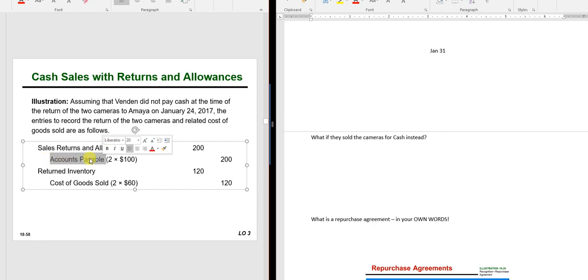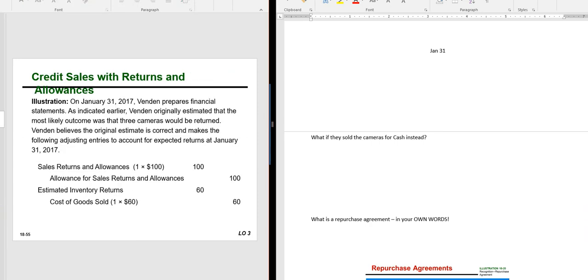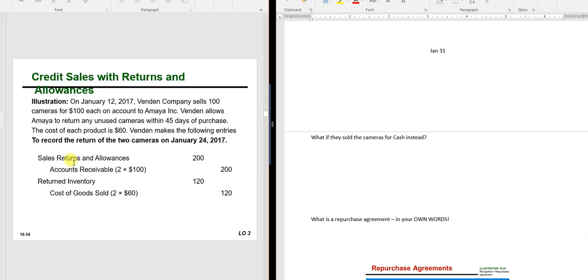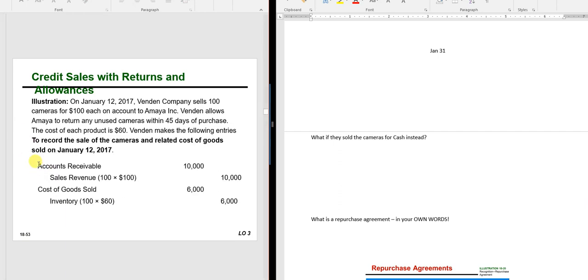I can't credit accounts receivable because I'm not removing it from accounts receivable. So I owe them a refund is basically what's happening here. So I'm putting into accounts payable. So just really take some time to think about what's going on. In the first case, I was taking it out of accounts receivable because I put it in accounts receivable.